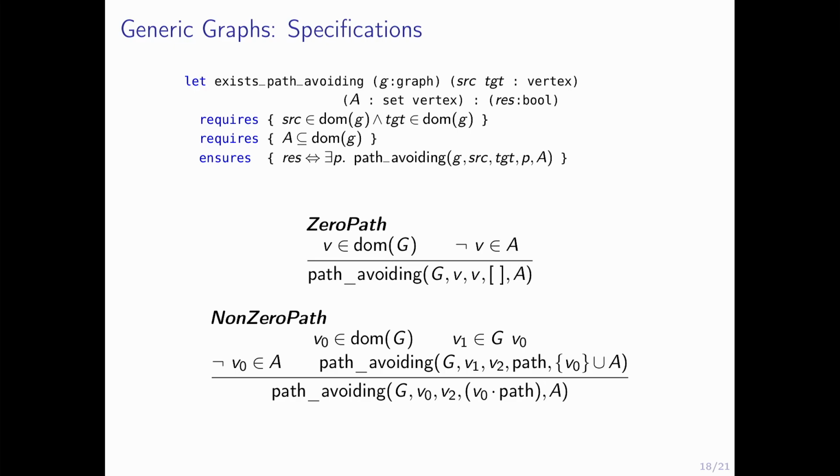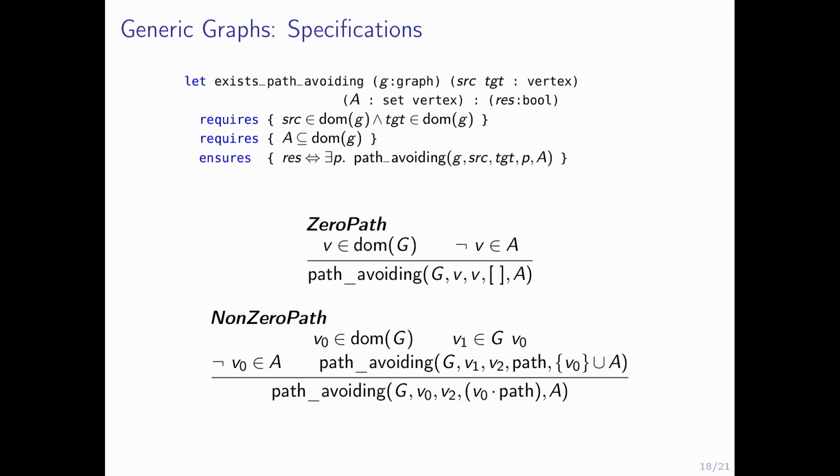The definition we have of path avoiding is an inductive one, where the empty path is a path from a vertex to itself, where we just need to ensure that V is part of our graph and V is not part of the set we want to avoid.